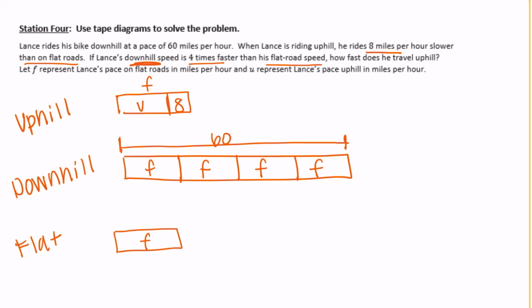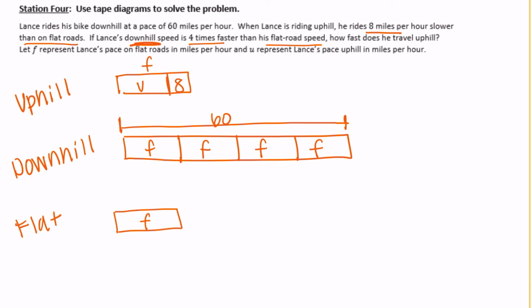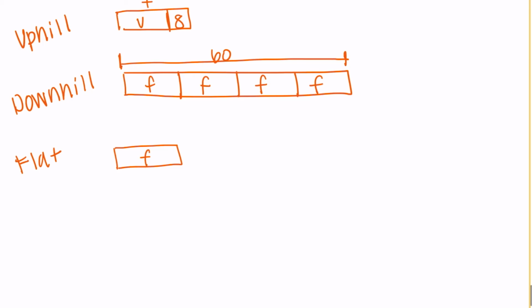So now we can start using our equations to piece this together. So let's start with finding out what his flat road speed is. We can do that by finding 4F is equal to 60. So 4F equals 60.